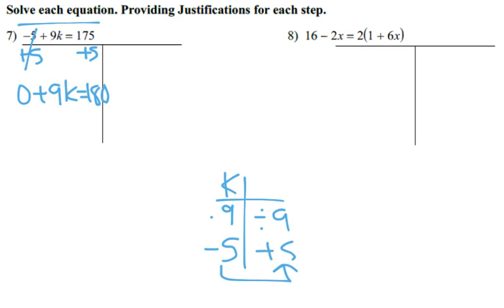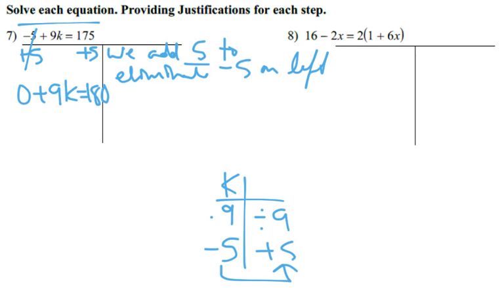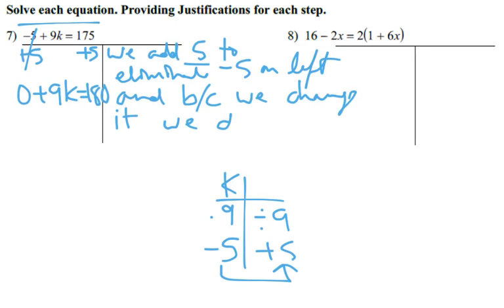Now why can we add 5 to both sides? Well, we add 5 to eliminate negative 5 on left side, and because we change it, we do the same on right side.